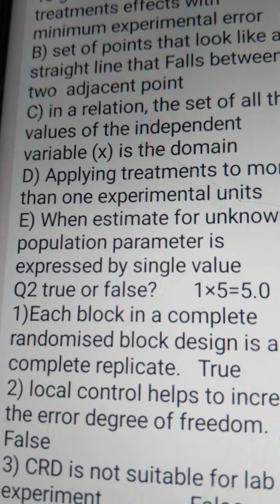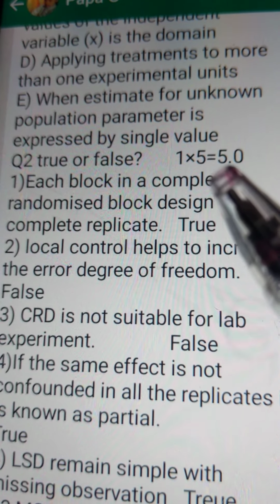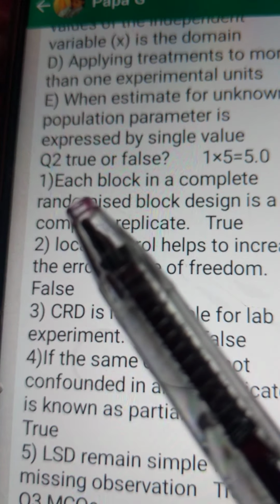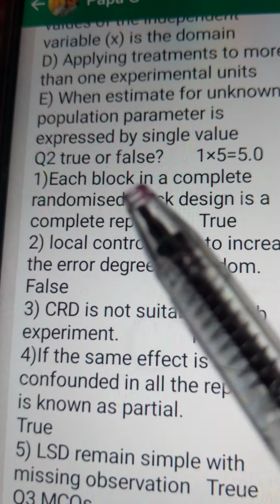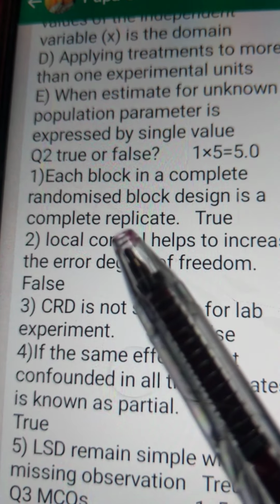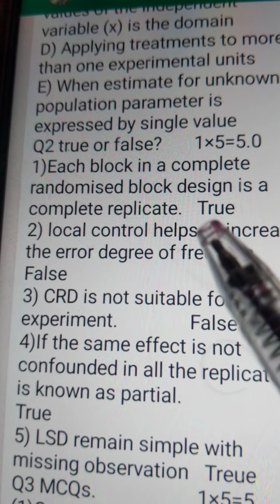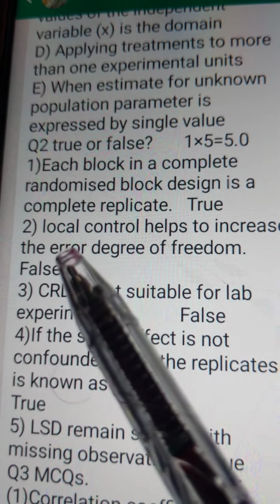Next question is true or false, 1 into 5 is equal to 5 marks total. First, each block in a complete randomized block design is a complete replicate. True. Next, local control helps to increase the error degrees of freedom. False.